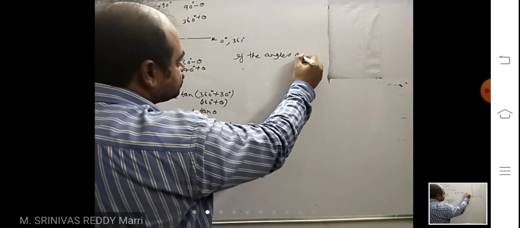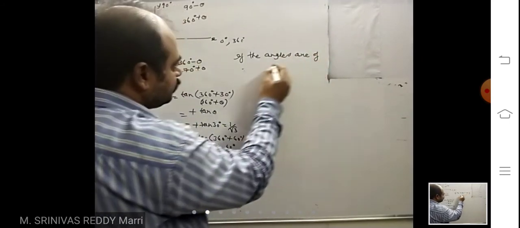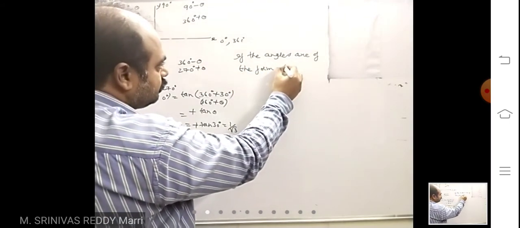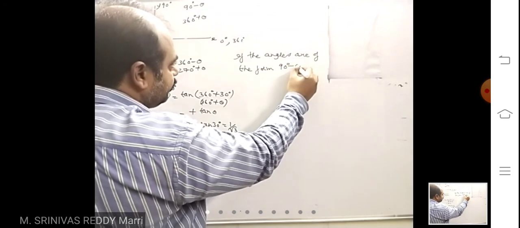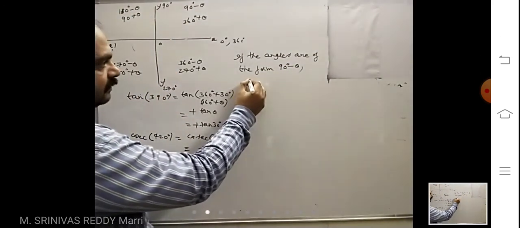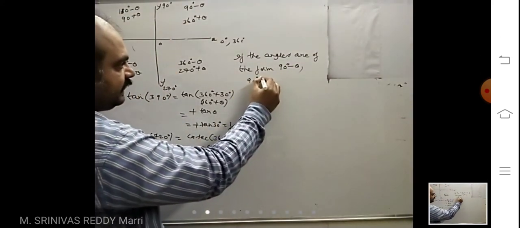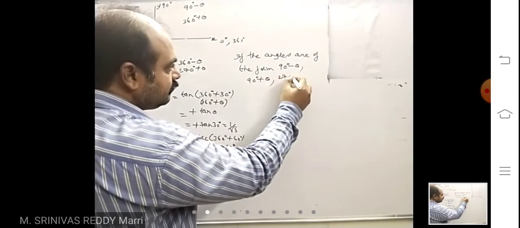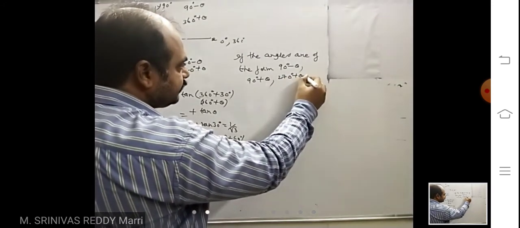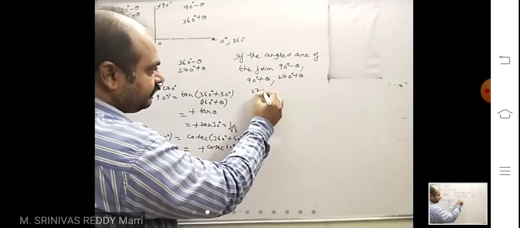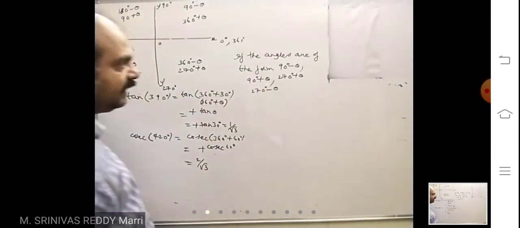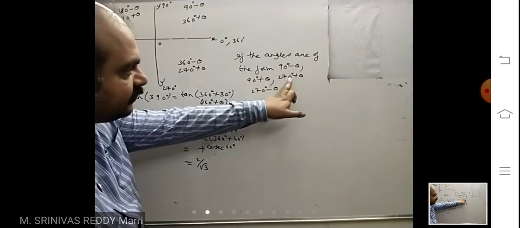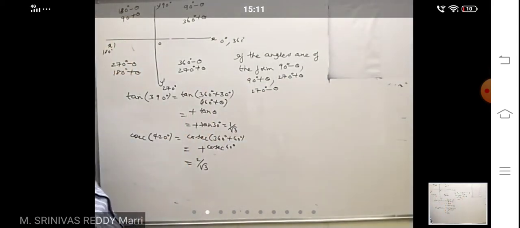Now, if the angles are of the form 90 degree minus theta, 90 degree plus theta, 270 degree plus theta, 270 degree minus theta, that means odd multiples of 90, 3 into 90 plus theta, 3 into 90 minus theta.